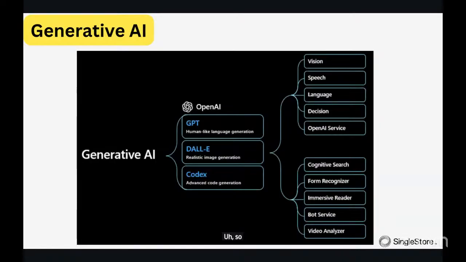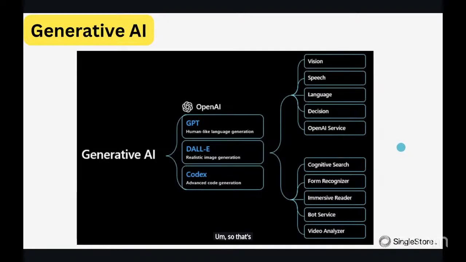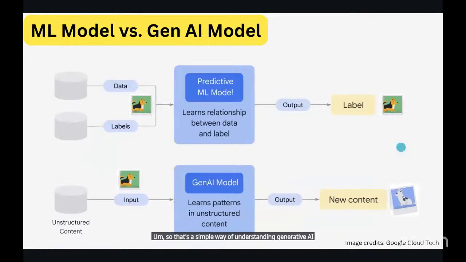So as we saw with OpenAI, we got GPT, DALL-E, Codex. GPT is where we use it for creating content, text, and then DALL-E is mainly for image generation, and Codex is for code generation. So that's a simple way of understanding generative AI through OpenAI.